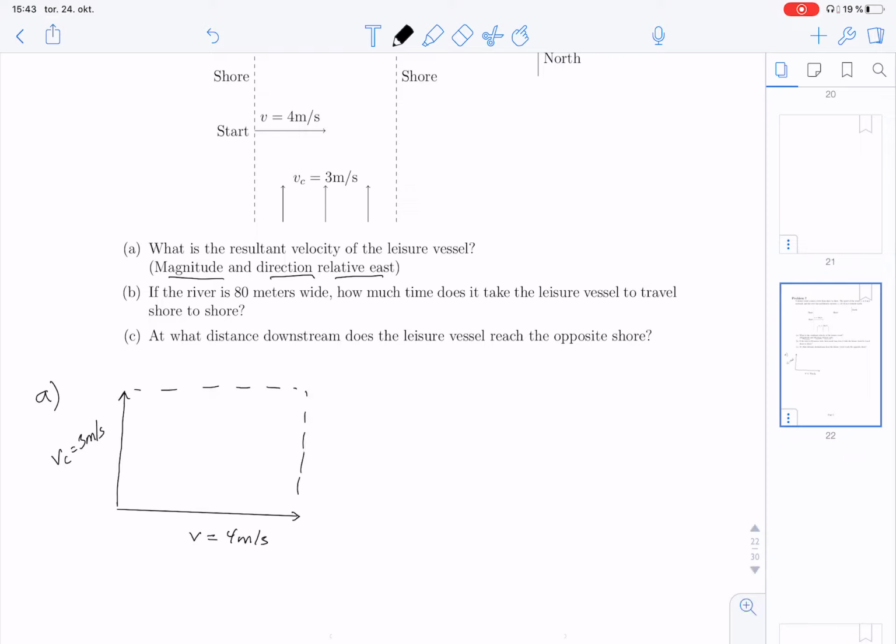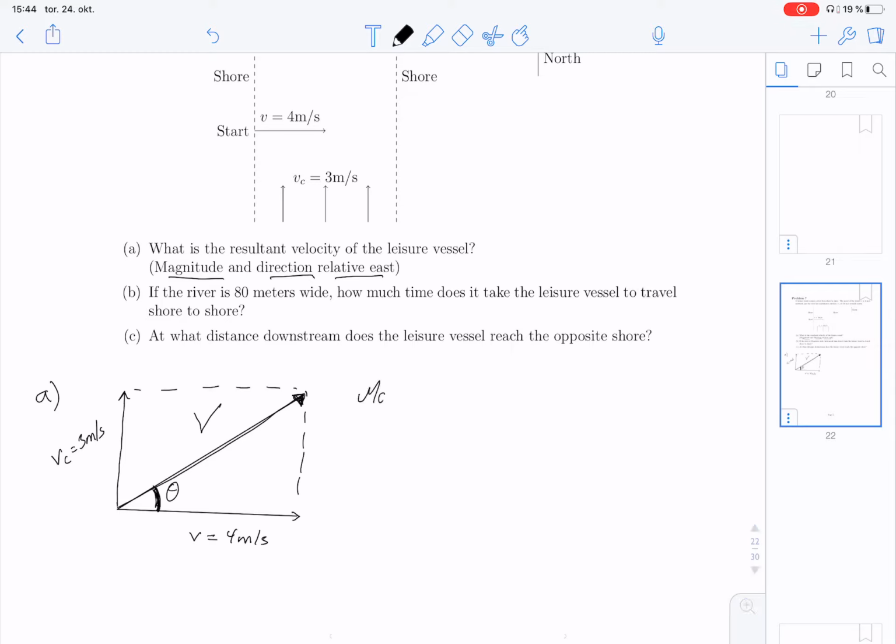The resultant velocity, let's name that V, has some kind of direction, relative east.